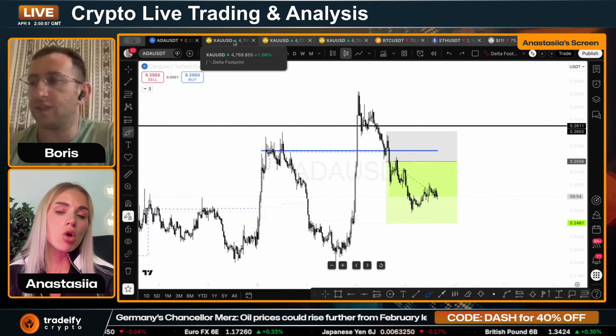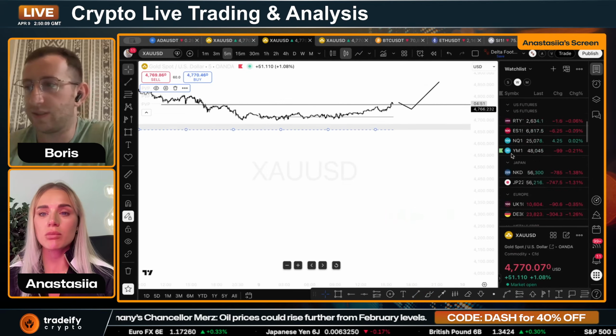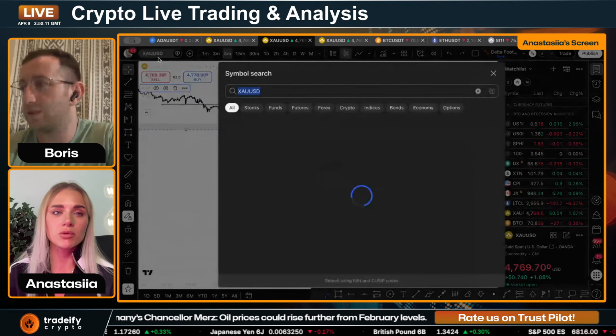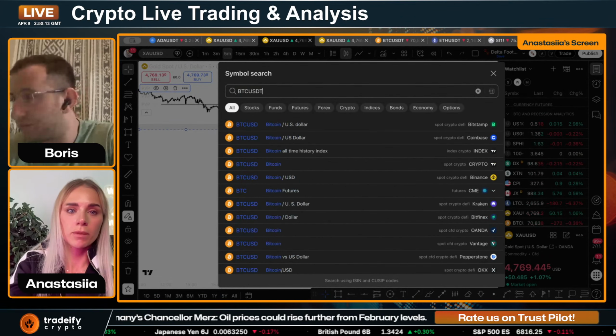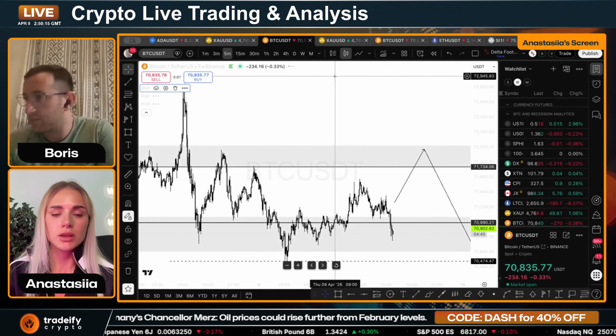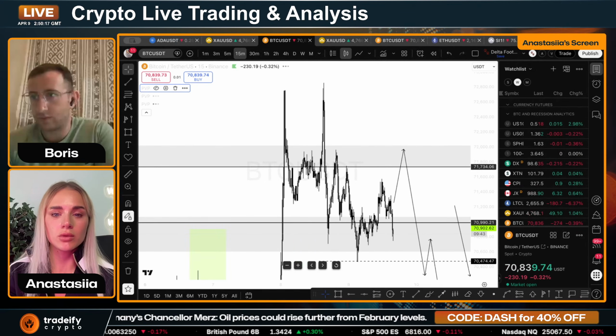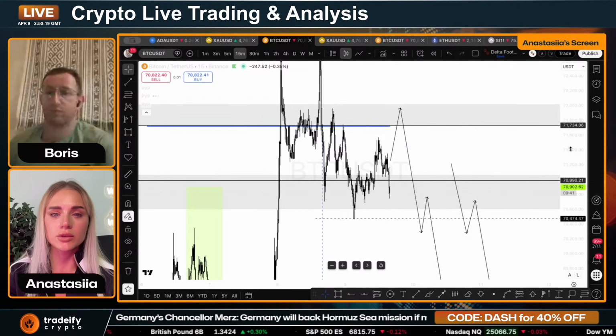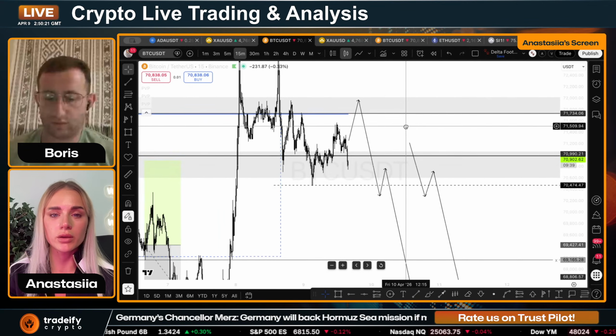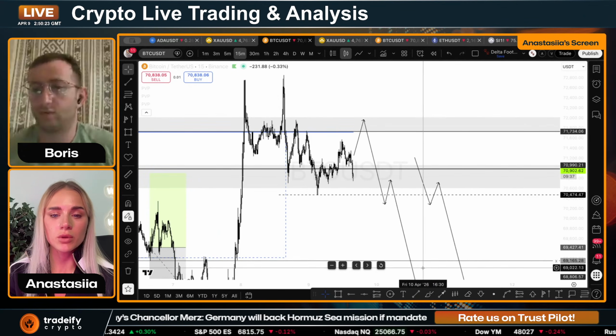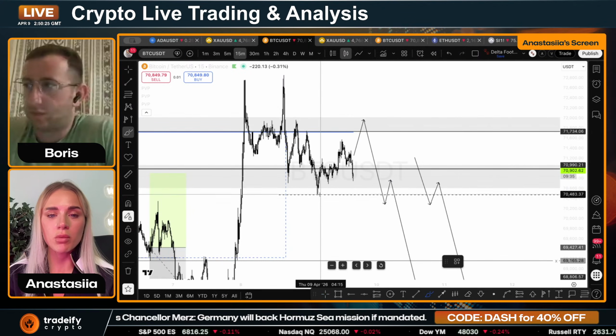And Cardano, I keep holding sells, shorts. Why? Because at the same time for BTC, I'm looking for the price to break the zone, and we are going there. I'm even thinking if I want to take an earlier sell, but probably not.